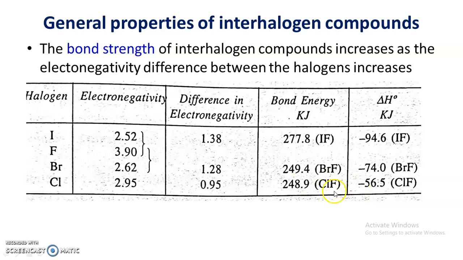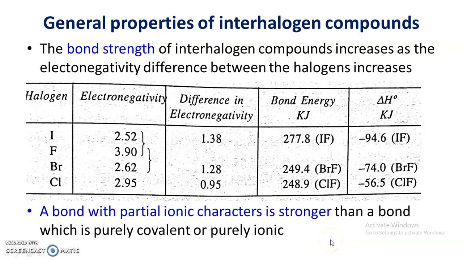Even the bond formation energy is less for chlorine monofluoride, it is 56.5. And therefore there is a correlation between difference in electronegativity and bond enthalpy or bond energy and bond formation energy. So the lesser the electronegativity difference, the lesser is the bond energy and bond formation energy.